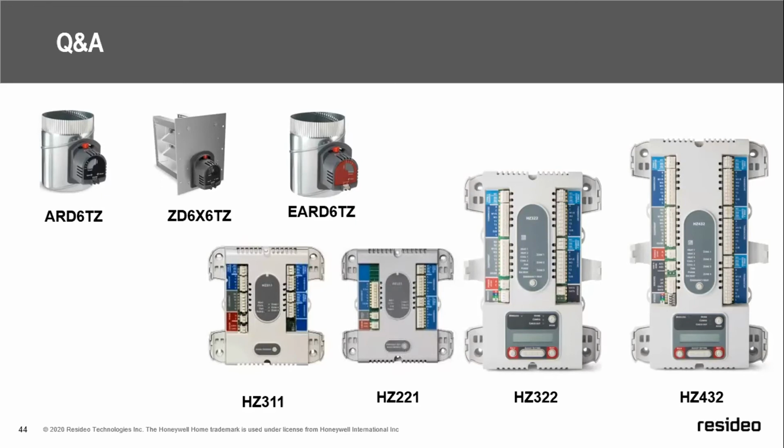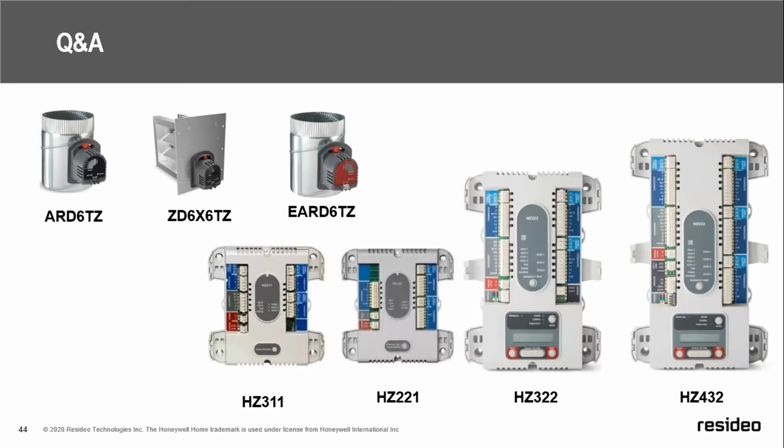And it can only be utilized with the HZ432 zoning board because we have special terminals on there, 2 wires that digitally communicate with that add-a-zone board so that when zone 7 makes a call, it will have the board activate the equipment and configure the dampers in the proper way for that.